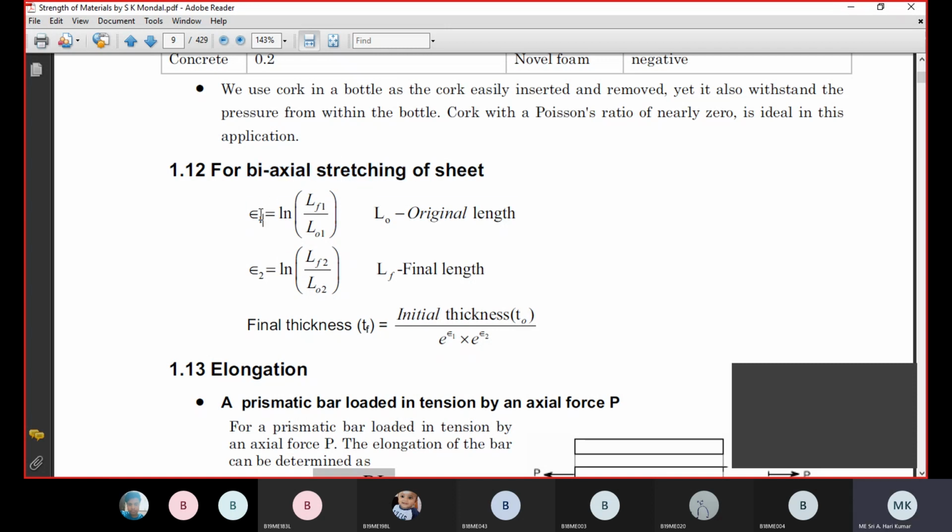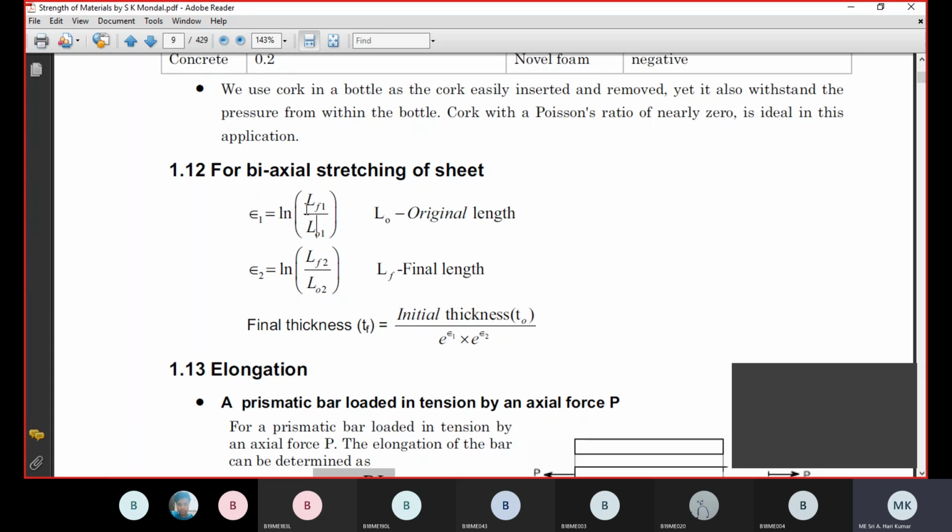Now that becomes initial original length and final length. And this is the strain in one direction, the strain in the other direction. This is because of biaxial stretching, stretching along two axes.